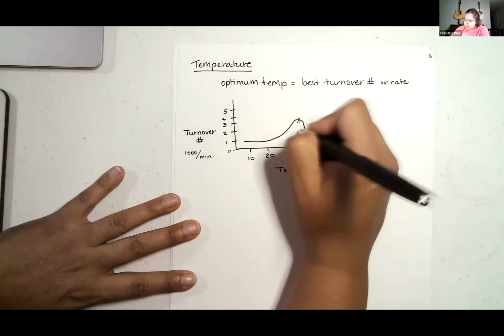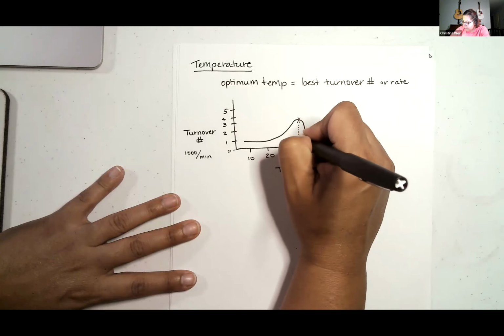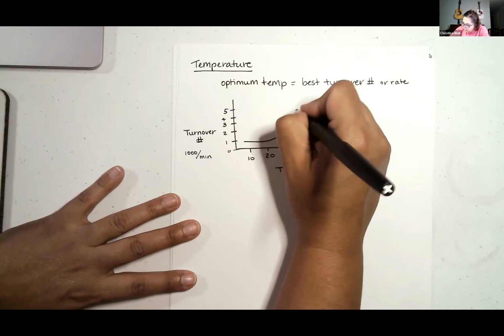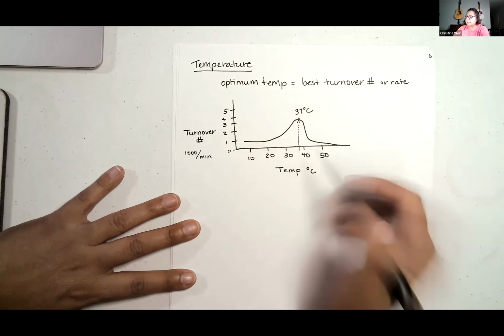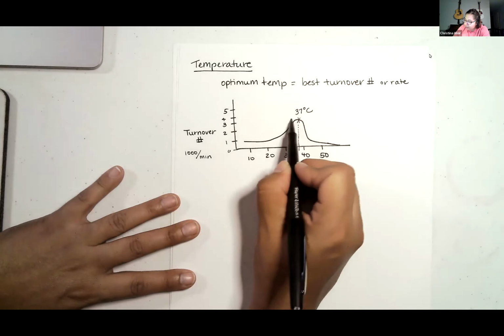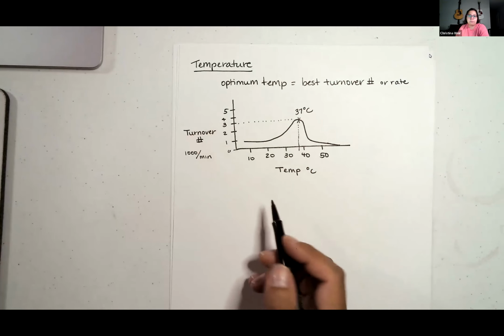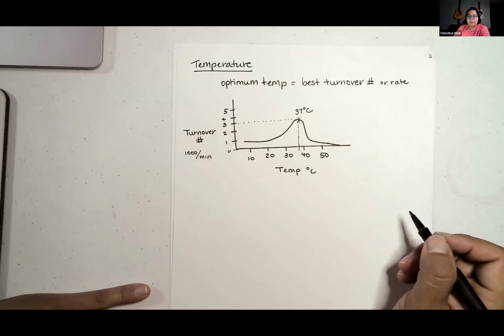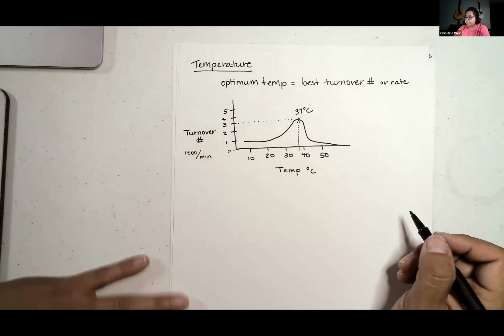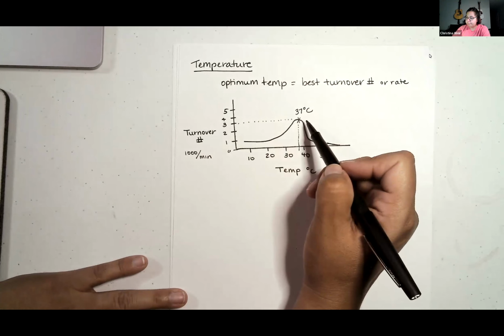Right here, the top of this graph, which if I was to draw this line down, is about 37 degrees Celsius. The top of this graph is where I have the best turnover number, about 3,000 per minute, whatever job this enzyme does. That would be an example of the optimum temperature for this enzyme.